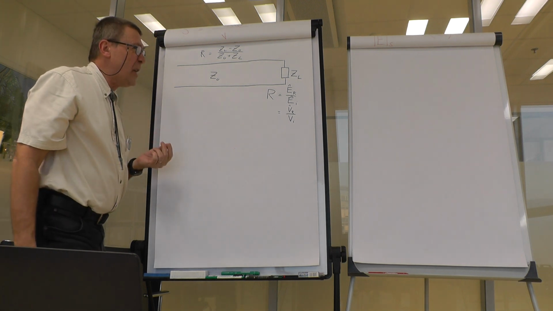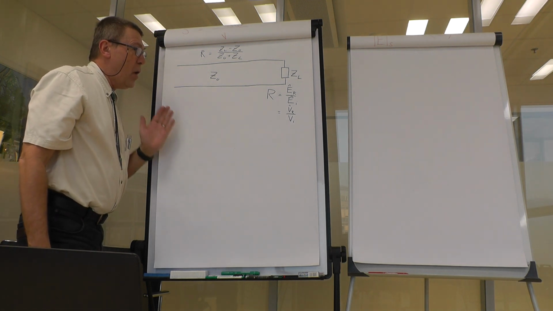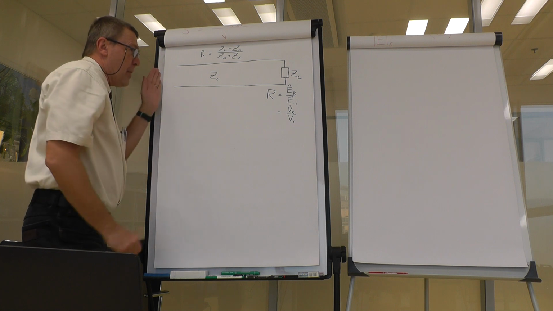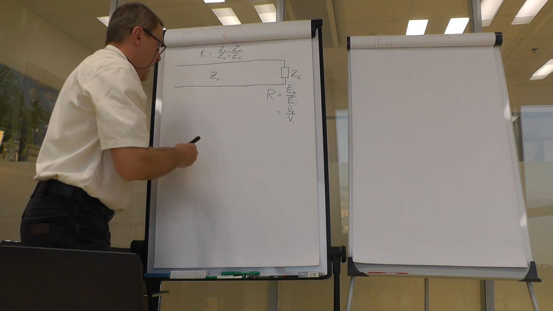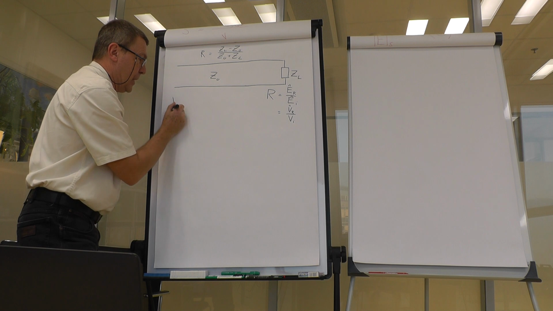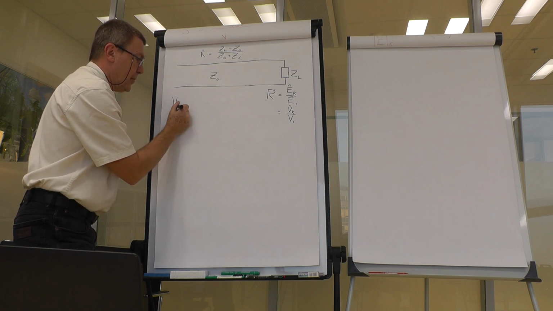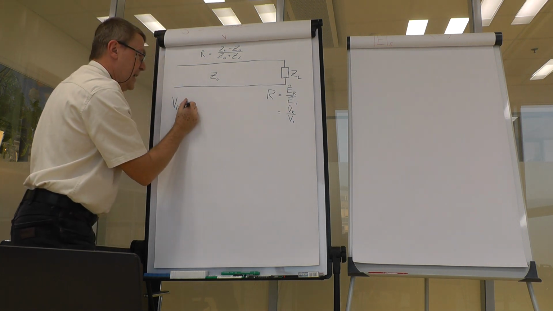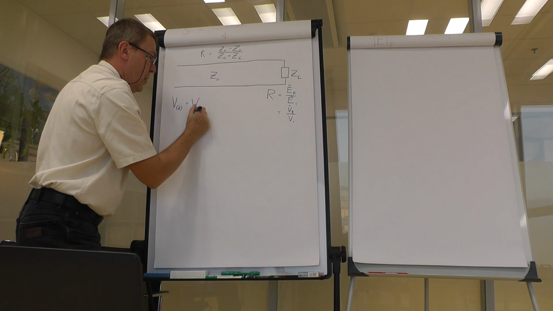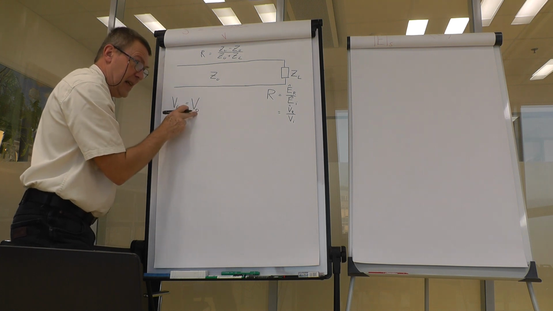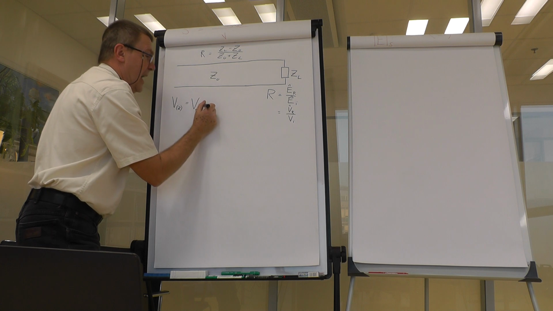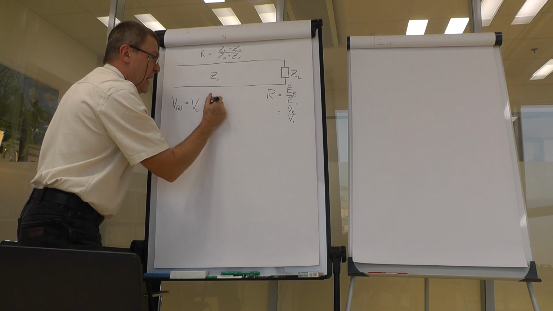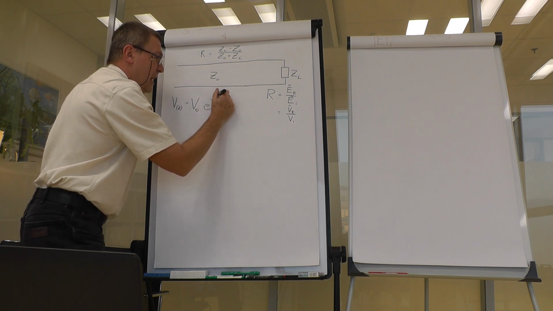That's an important question. So we originally had a wave traveling along that line. And that wave, for example, for voltage, could be expressed like voltage as a function of the distance z is some voltage V0, that is at the origin, times e raised to minus j k z.